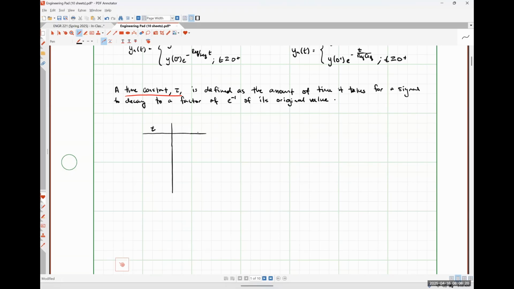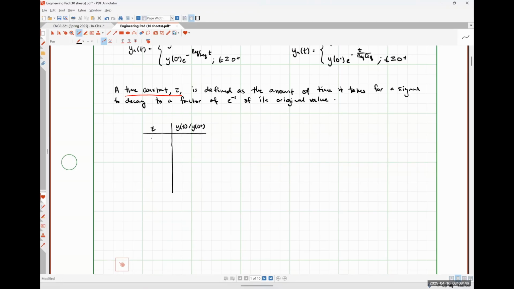And on the right-hand column of this table, I'm going to put y of t divided by y at 0 plus. So this is simply a ratio of whatever value the signal y of t has compared to its initial value, okay?